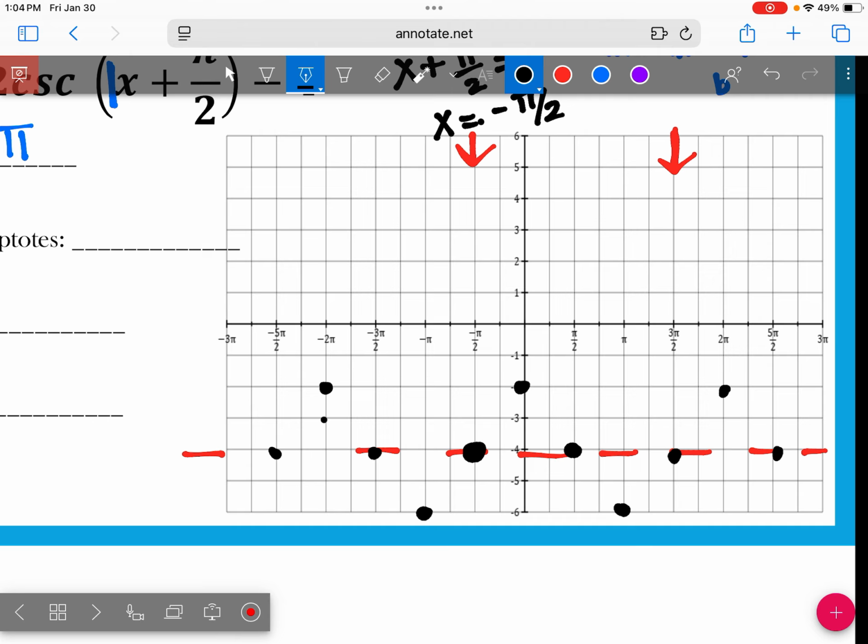See, hop 2 times, hop 2 times, hop 2 times. Okay. Let me take that little dot off. Every time we hit -4, I'm going to draw in a wall. This time I'll use blue.